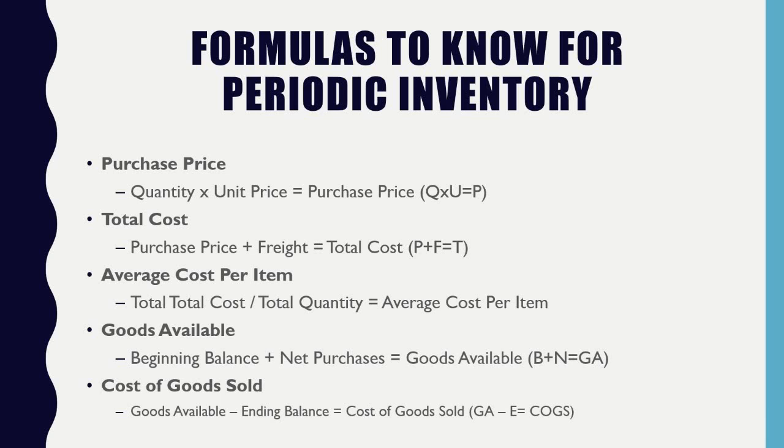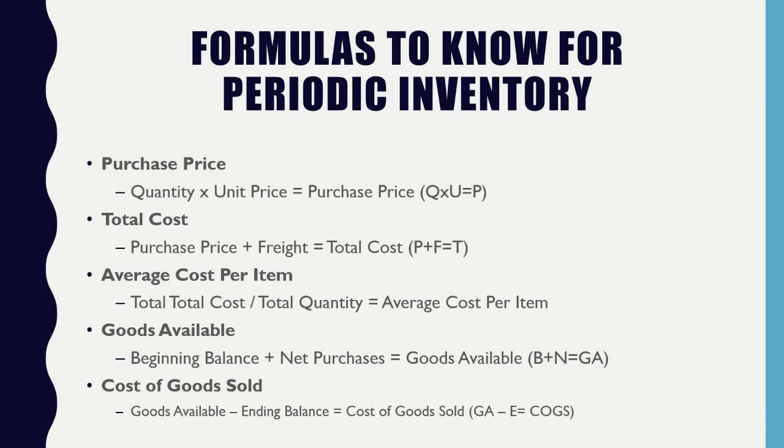That's what average means. It's the point where it's not high and it's not low, it's just right in the middle. So the average cost per item formula is your total cost divided by your total quantity. I'll show you exactly what that means when we dive into the scenario.